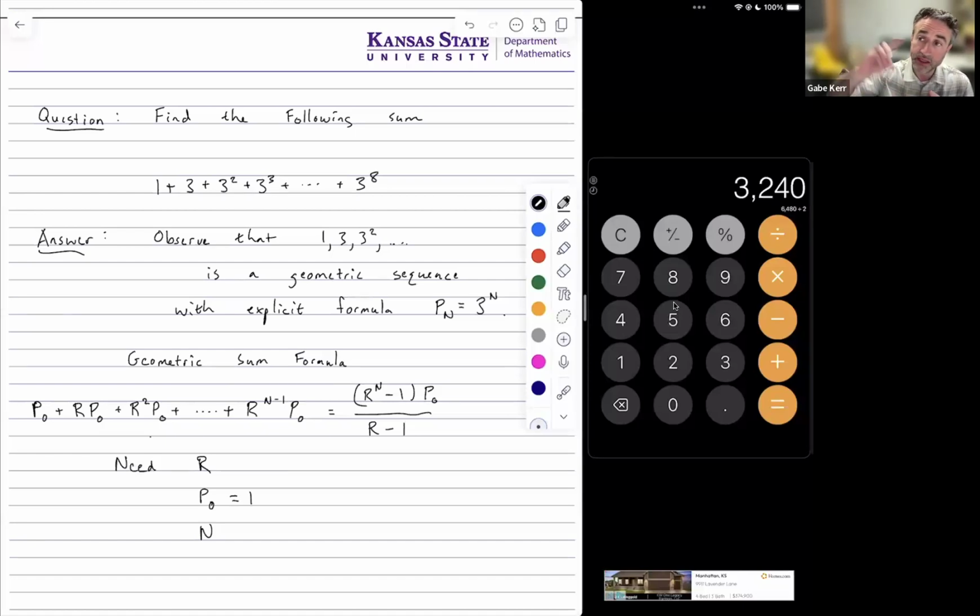R is sort of the base that we're exponentiating. So R is what we're seeing in the powers. We have R in the second term, R squared in the third, and so on. So R in this case is going to be 3.